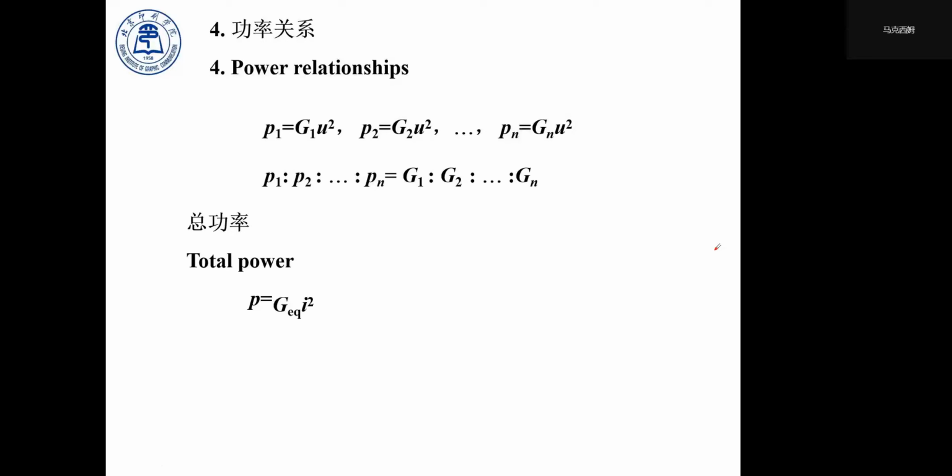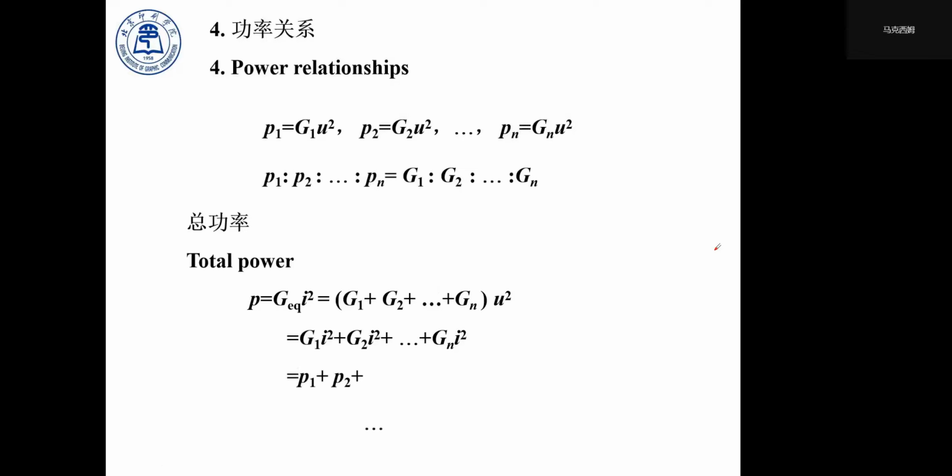So the larger the conductance you have on the branch, the larger the current you have on that branch. And the total power equals the sum of the power on each branch. So we add all the power on each branch together, sum it up, and we reach the total power we have.